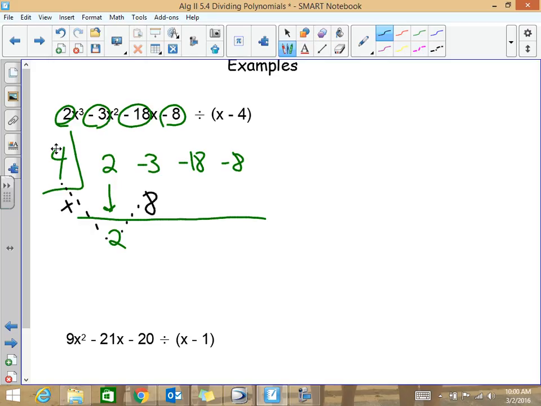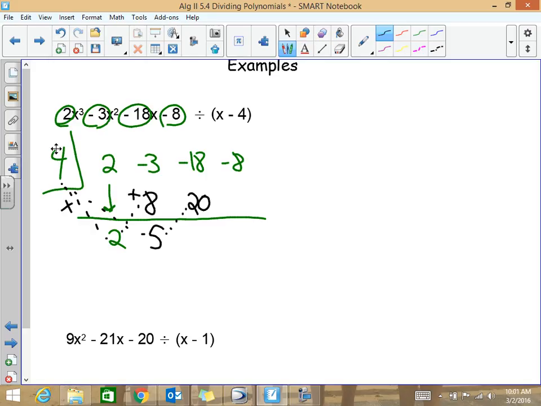So 4 times 2 is 8, and then we add this column. So we add down. So -3 plus 8 is what? 5, right? Just write 5. But you're adding that column. Okay? Now we're going to multiply again. We're going to multiply 4 times 5, which is 20. So we're making, again, another little check mark.